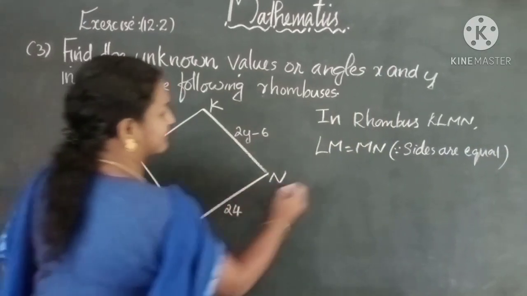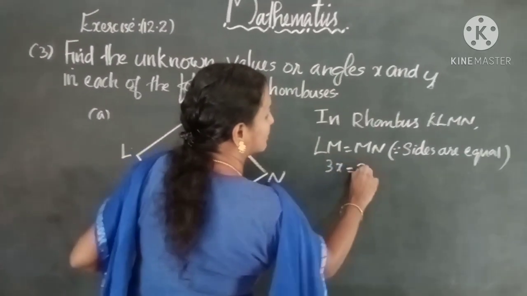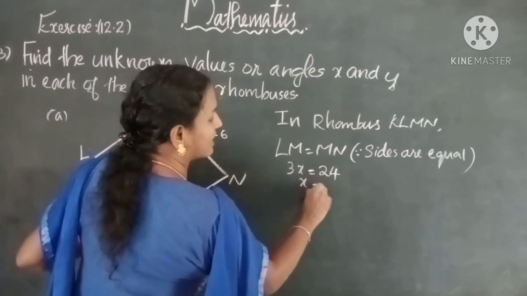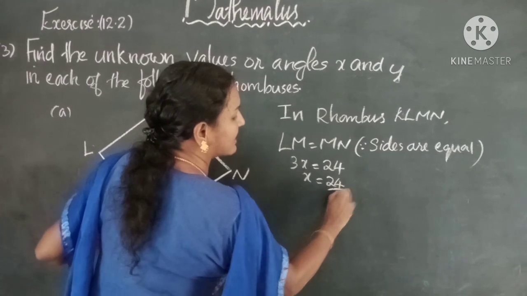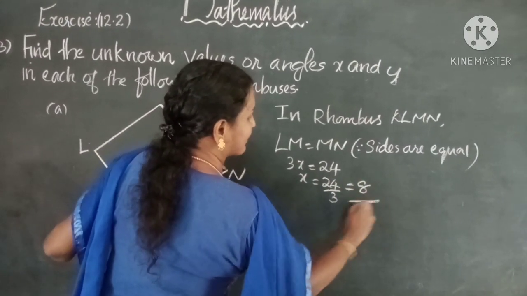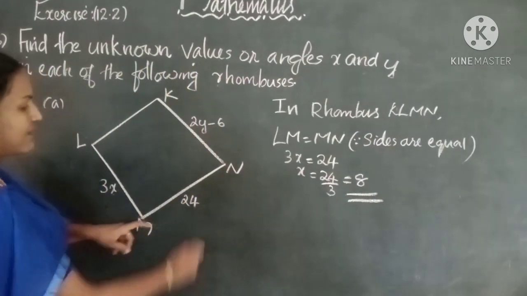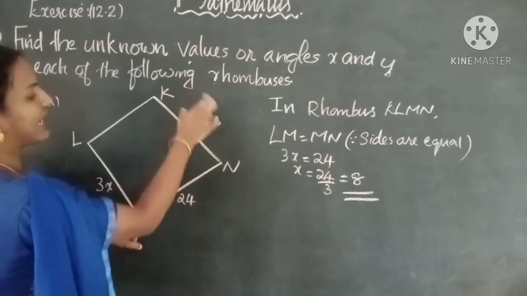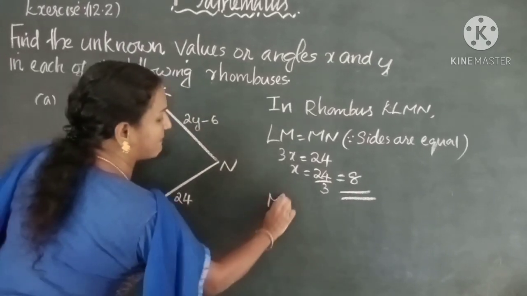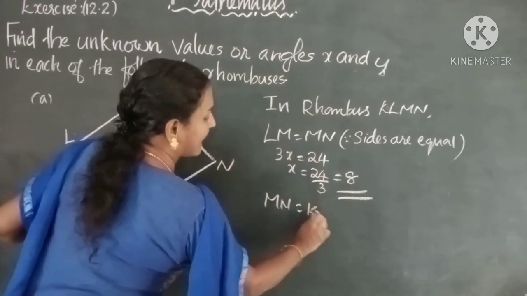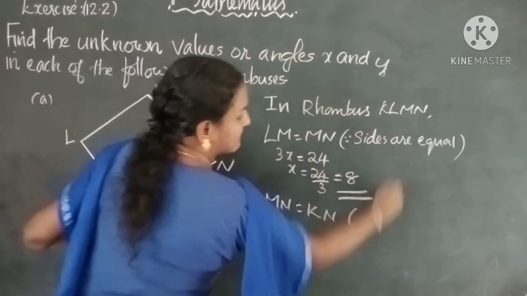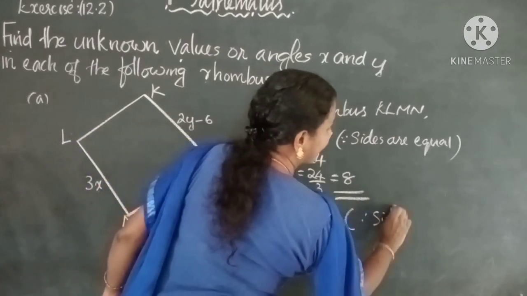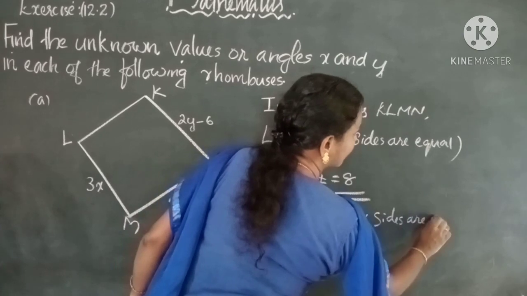LM means 3x, so 3x is equal to 24. So x is equal to 24 divided by 3, which is 8. Then MN and KN are equal. Reason: the same reason, all sides are equal.